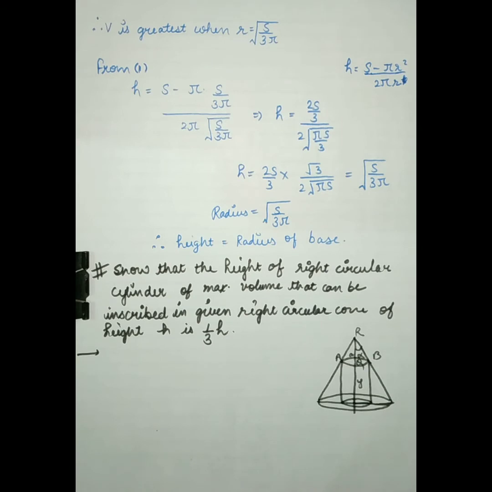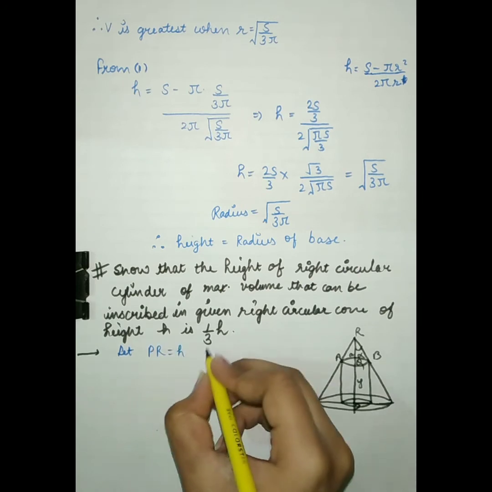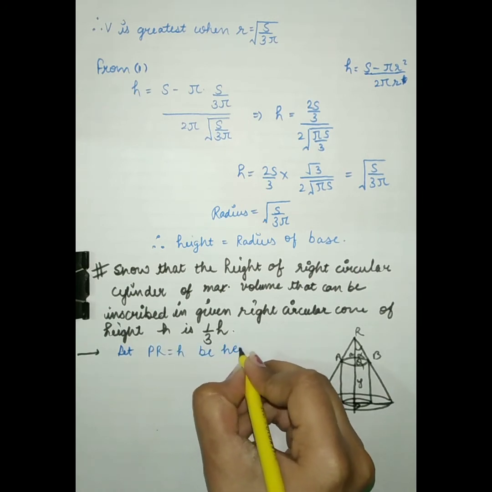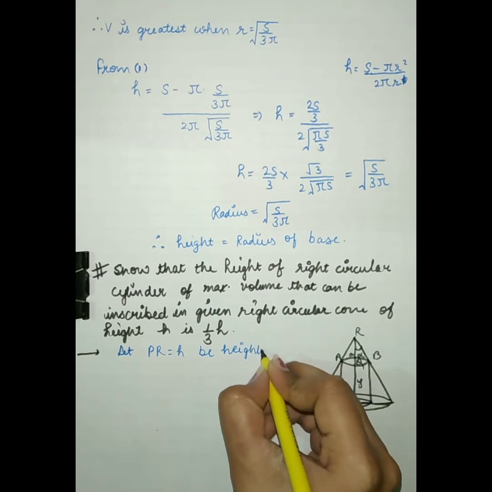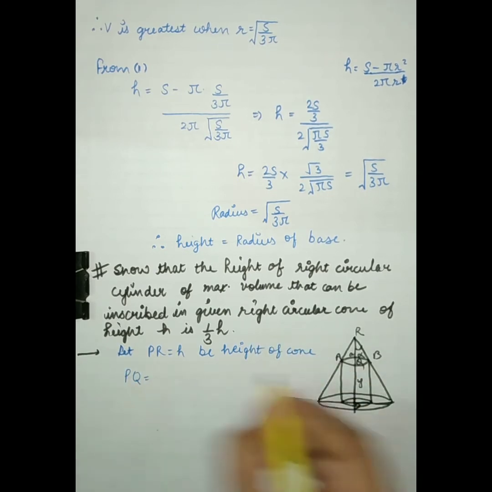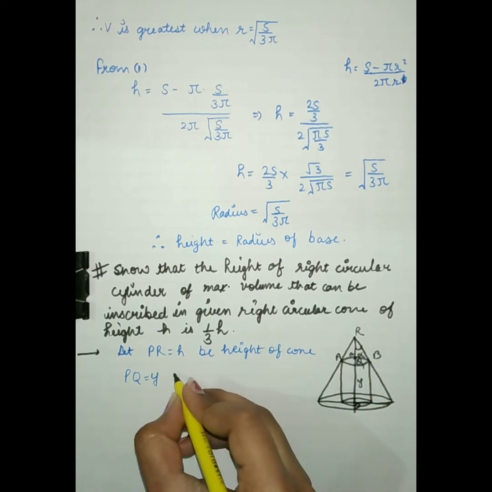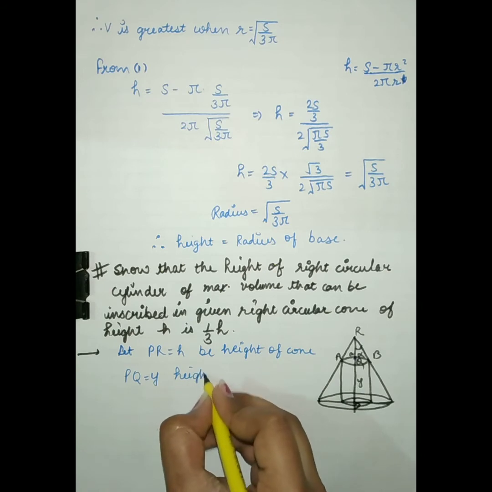Firstly we will let this be the point P. PR will be equal to h, the height of the cone, and PQ will be equal to y, which is the height of the cylinder.